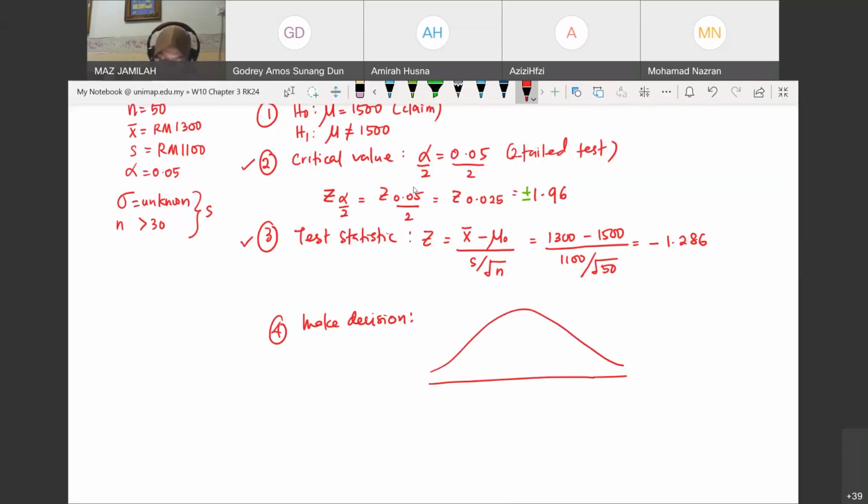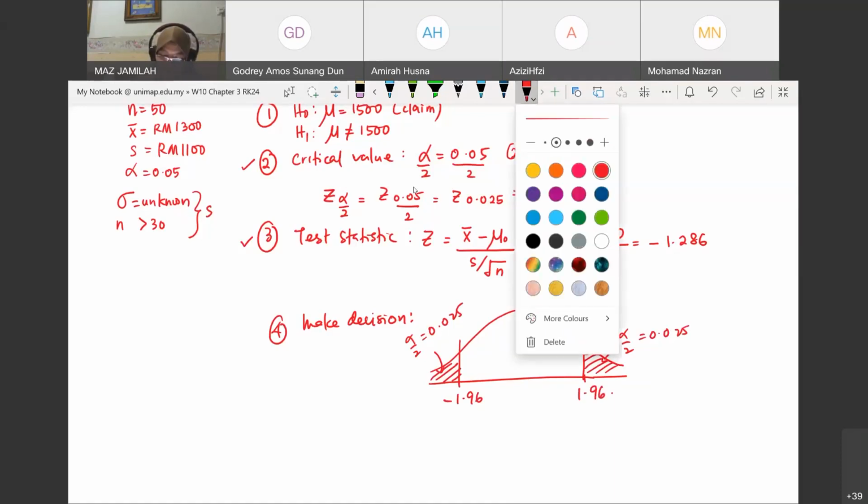Since we are dealing with a two-tailed test, this one is alpha over 2, which is 0.025, and this one is alpha over 2, 0.025, and the critical values are negative 1.96 and positive 1.96.